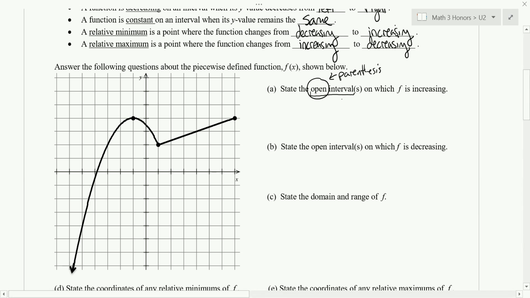When we talk about open interval or closed interval, we're talking about x values only, okay, or part of the domain. So this is really saying, state what part of the domain of this function is increasing. Okay? So what would you say?